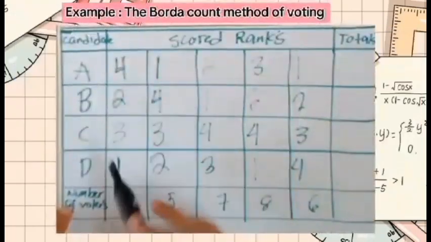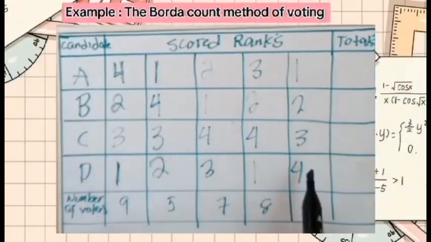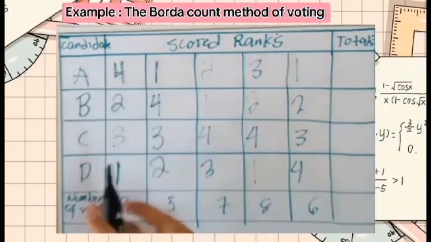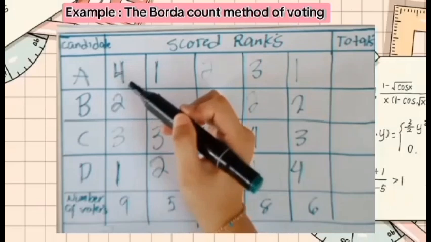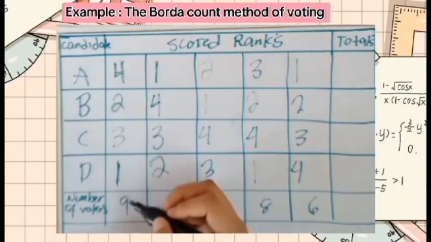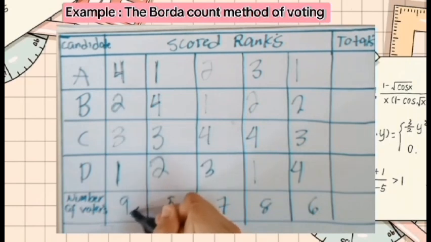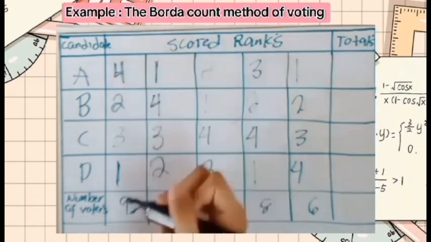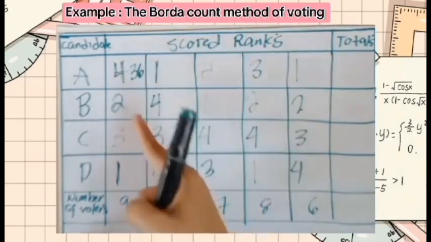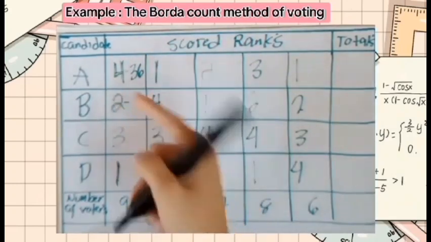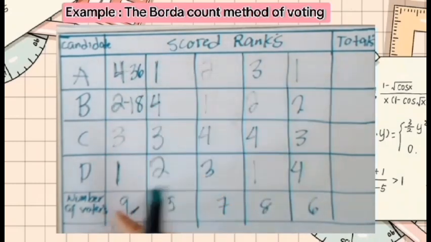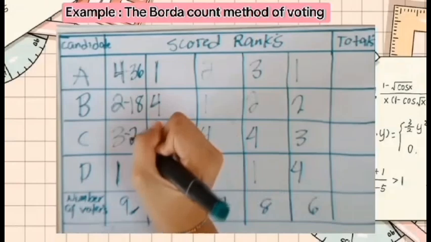So, ito na yung mga points niya. Ito na yung mga score nila. So, pagkatapos nila, ita-times naman natin itong points nila sa ranking sa number of voters. 4 times 9 equals 36. Dito, 2 times 9 equals 18. 3 times 9 is 27.